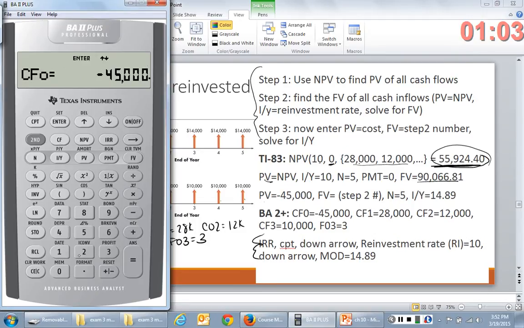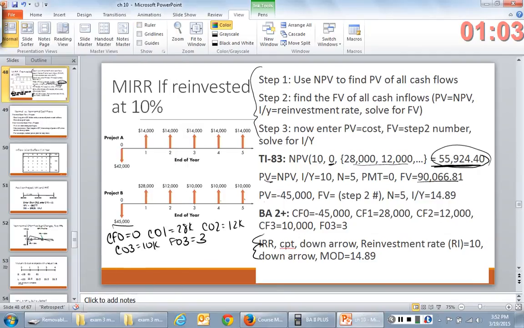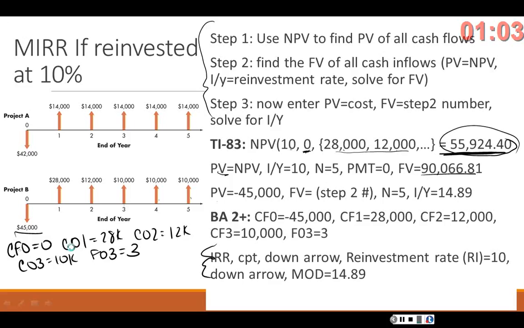I'm sorry, I put in a cost and I wasn't supposed to. That's 0. NPV, compute, and you get $55,924.40. I'd written 0 as a cost, but I entered in a number. So you get $55,924.40.